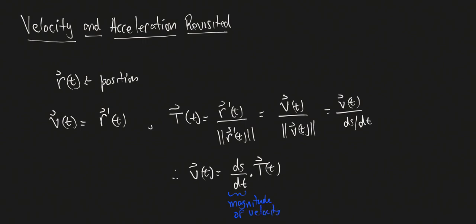And then the T is a unit vector parallel to velocity, or in the direction of velocity. So unit vector in the direction of v, right? So multiplying those two, you'll get the velocity vector, right?